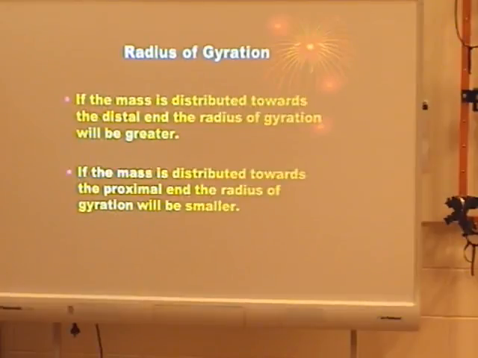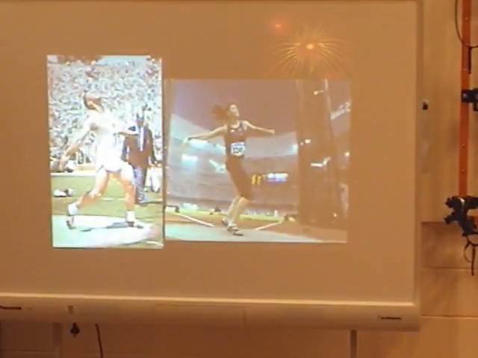If the mass is distributed toward the distal ends, the radius will be greater. That's what I was just showing you with the discus. If you put it closer to the proximal end, the radius of gyration will be smaller, and you get much less advantage. Here you can see professional discus throwers, and I've actually thrown discus quite a lot. This is a really good position.